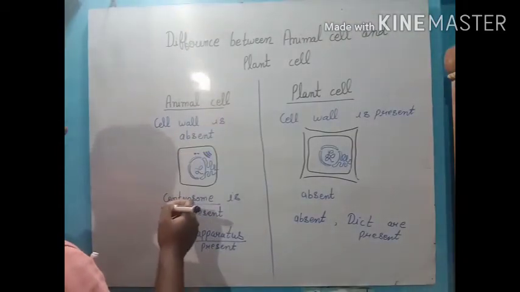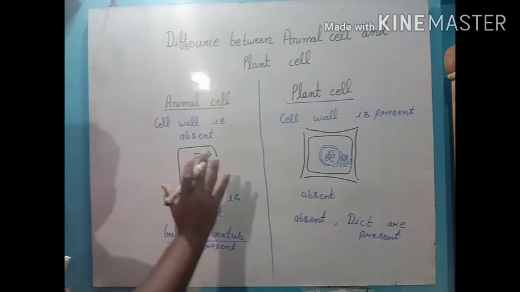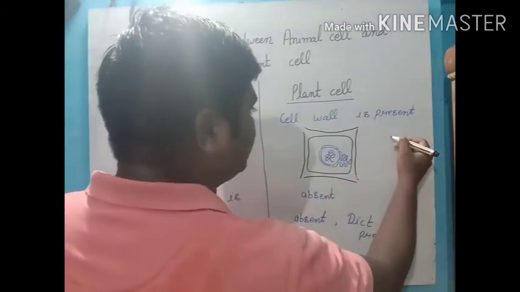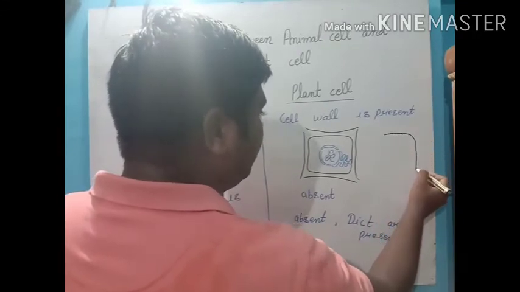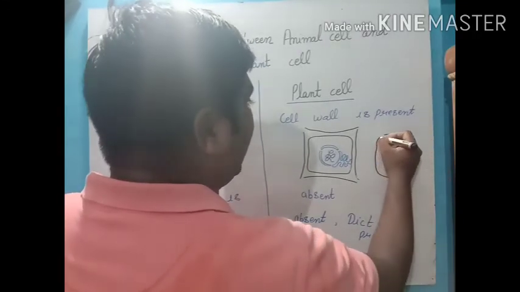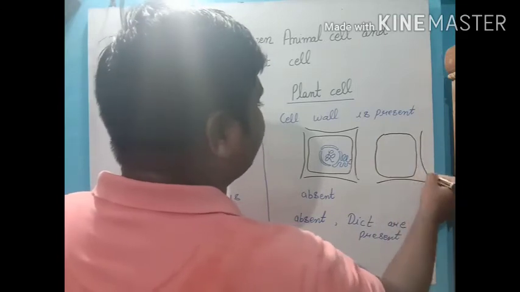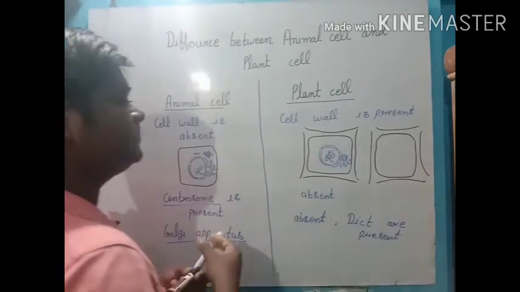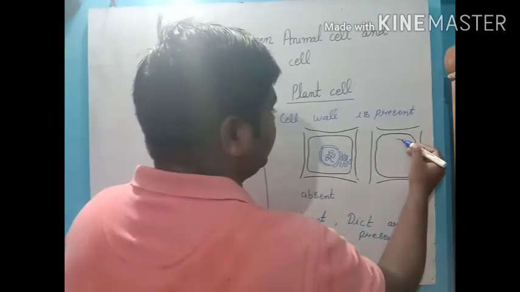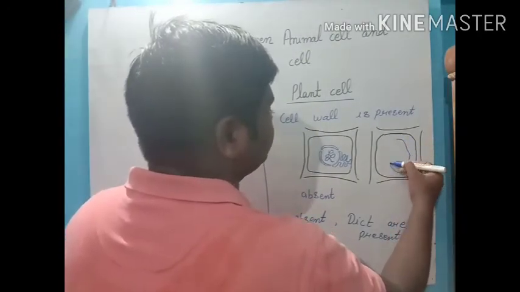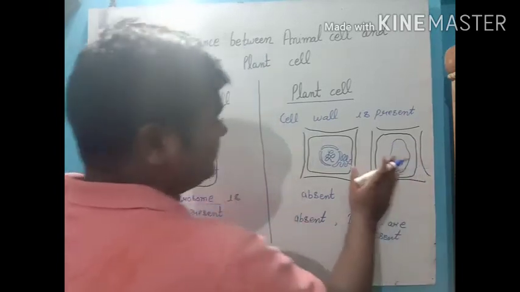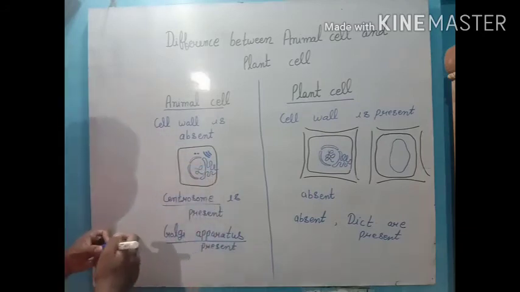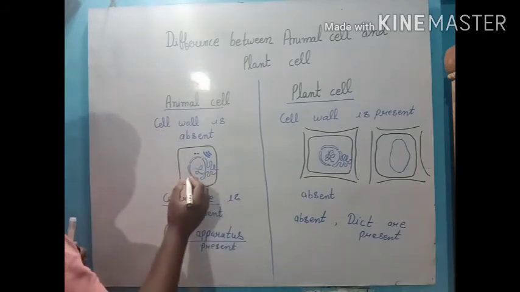So when we change this diagram, what are we getting? I am making it here, try to understand. We are focusing only on the vacuole. A large vacuole is present in the case of the plant cell. A large vacuole, it is covering the maximum of the area, and shifting the nucleus, and here small vacuoles are there.